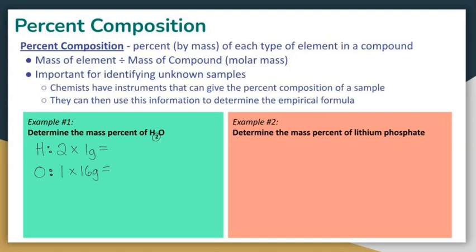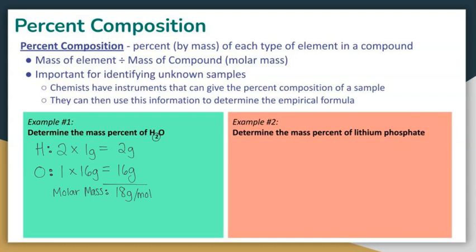The total mass of the hydrogen, 2 times 1 gram, gives us 2 grams coming from hydrogen. And then 1 times 16 grams gives us 16 grams coming from the oxygen. So I will sum these two together to get our total molar mass. The total molar mass of a water molecule is 16 plus 2, which is 18 grams per mole.